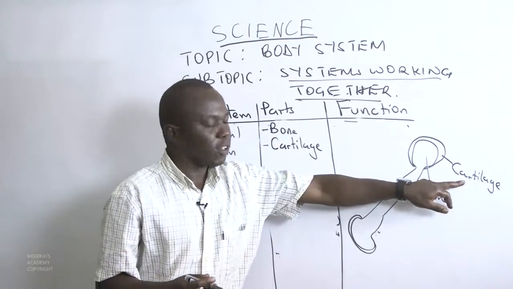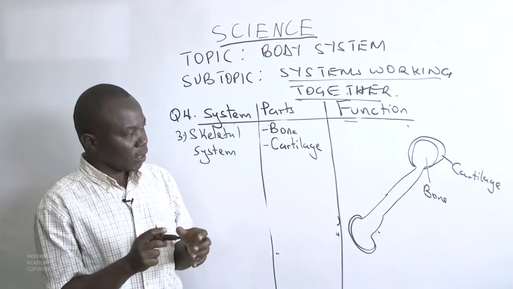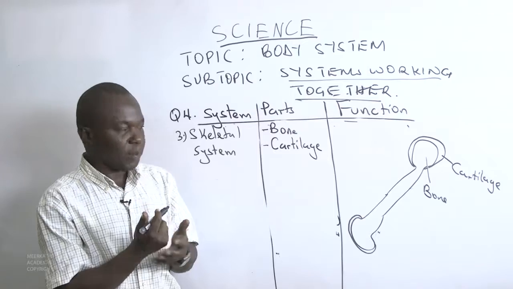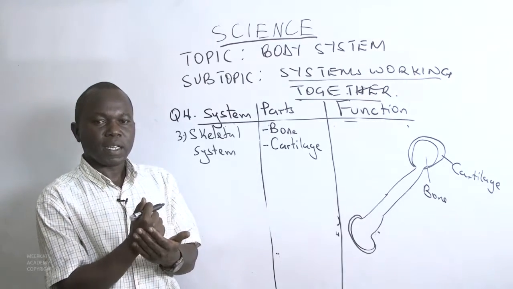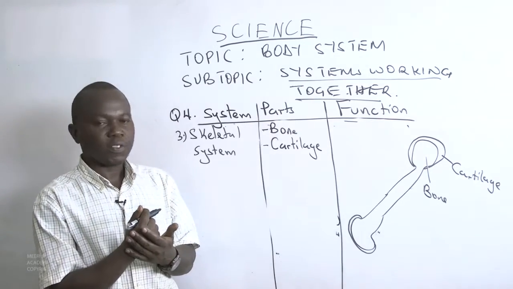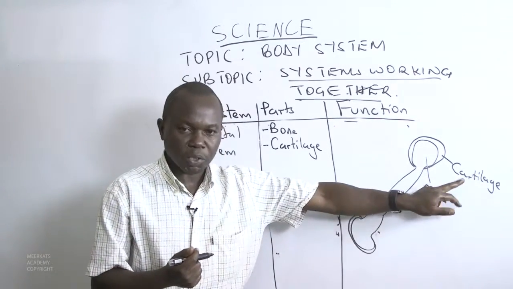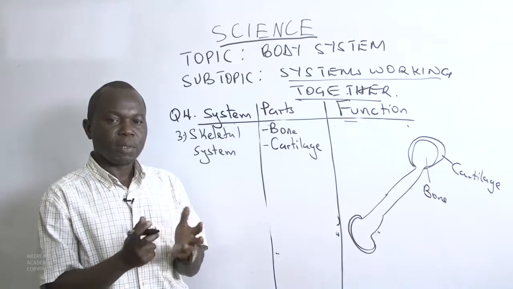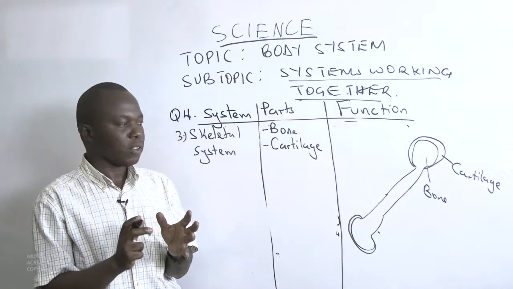Cartilage usually performs the role of cushioning bones, so that if, for example, in the vertebral column, they are in contact with each other, there is reduced friction.